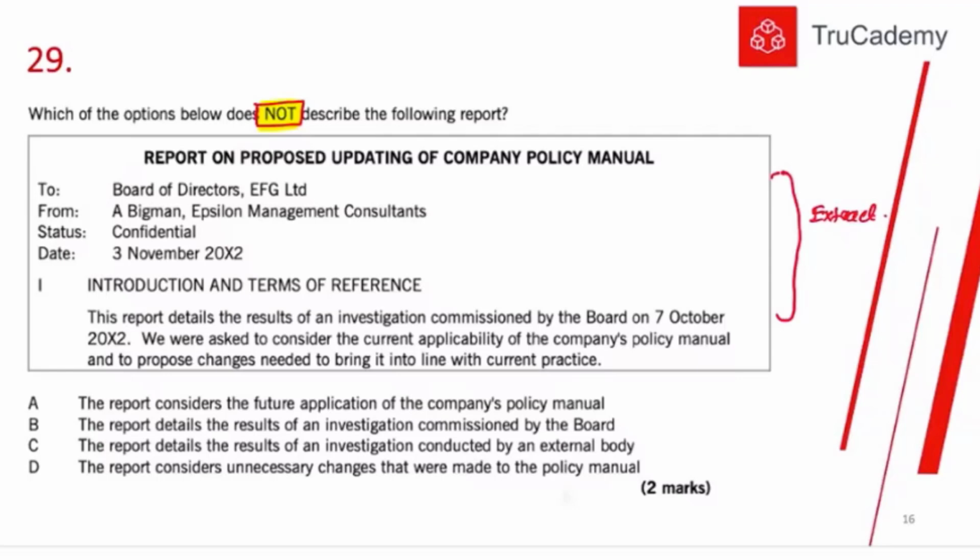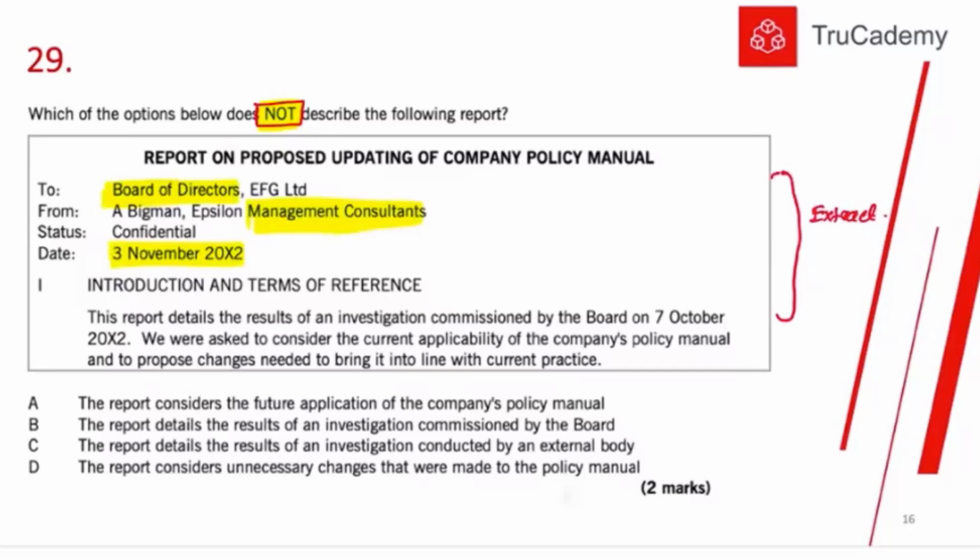The report is written by the management consultants for the board of directors, the status is confidential, and the date of writing the report is 3rd November. And what is this report all about?